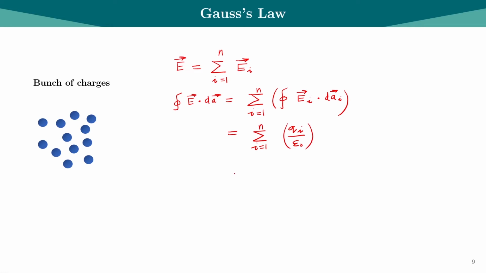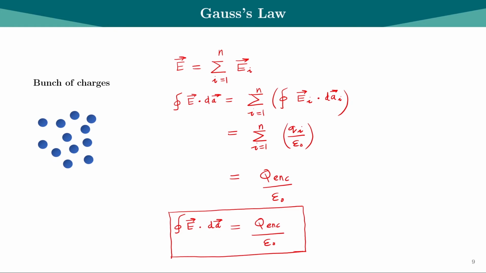And for any closed surface, this will be equal to Q enclosed divided by epsilon 0, where Q enclosed is the total charge that is enclosed within the surface. And this is the quantitative statement of Gauss's law in the integral representation.